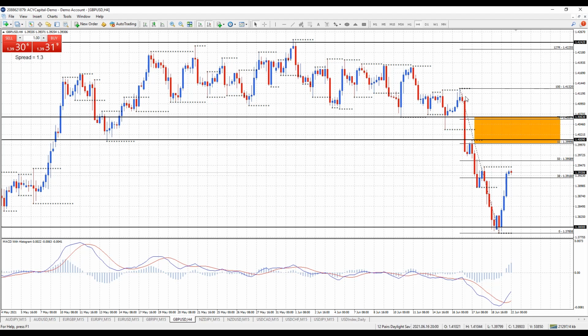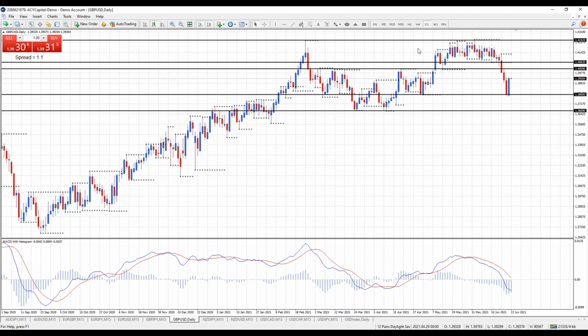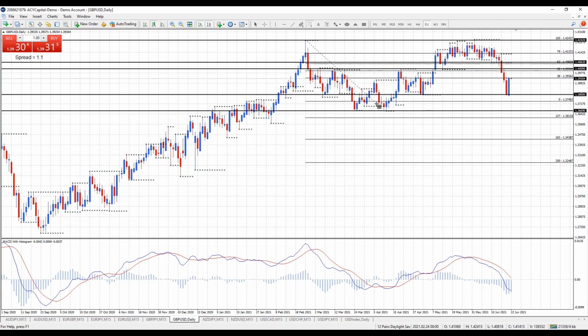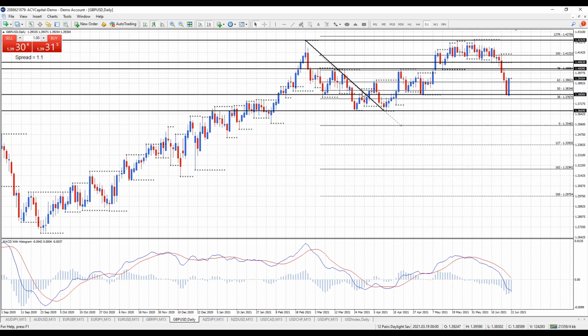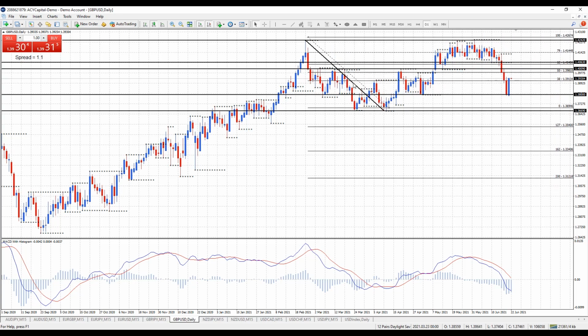Now in terms of a target, let's just tidy this up and go back to the daily. I discussed this before in my last analysis on this pair, but it's worth discussing again. If I just take a fib from the double top high to the low point, I can measure the height of the double top pattern and project it down.